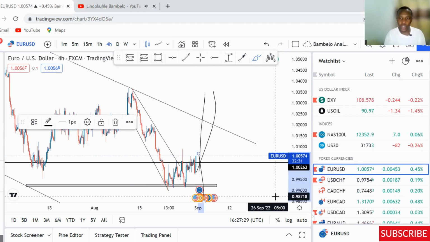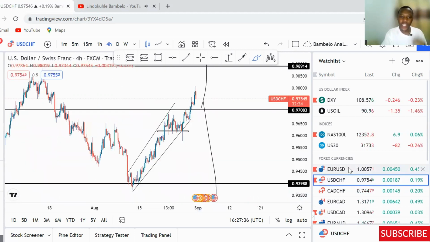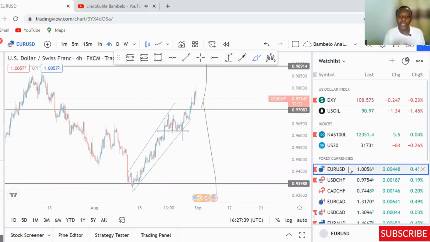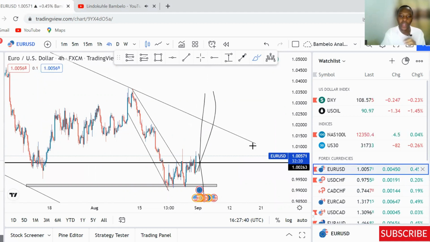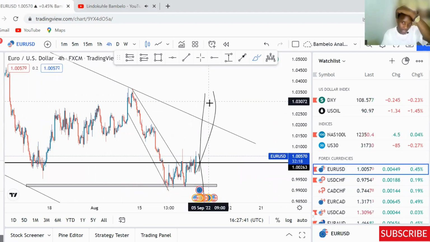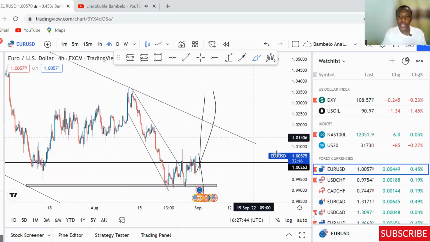When the dollar is strong, the currency that is a base gains, it appreciates in value. That means you will buy. When the dollar index is weak, then the currencies that we have here are going to be a buy, right? And then the opposite way around. But I'm focusing now solely on the currencies.